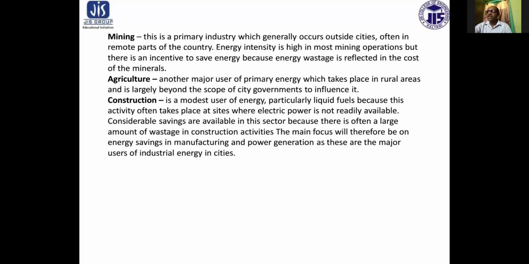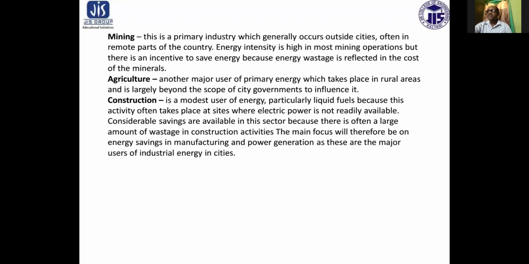So if energy waste is more, the end product cost will be more. So in the manufacturing sector, power sector, mining, agriculture, construction, everywhere, if energy wastage is there, ultimately the end product is costlier.